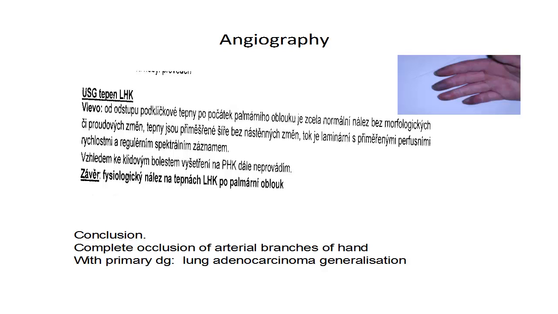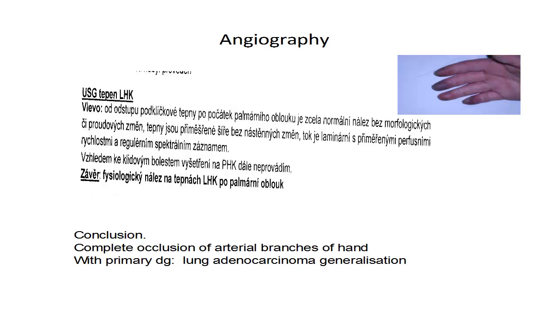Ultrasound has shown normal flow in left arm from subclavian artery to the proximal part of palmar arch. Due to pain in right arm, they have not been able to perform ultrasound examination. My note is that this result again shows that ultrasound is not always the best option for diagnosis of occlusion.